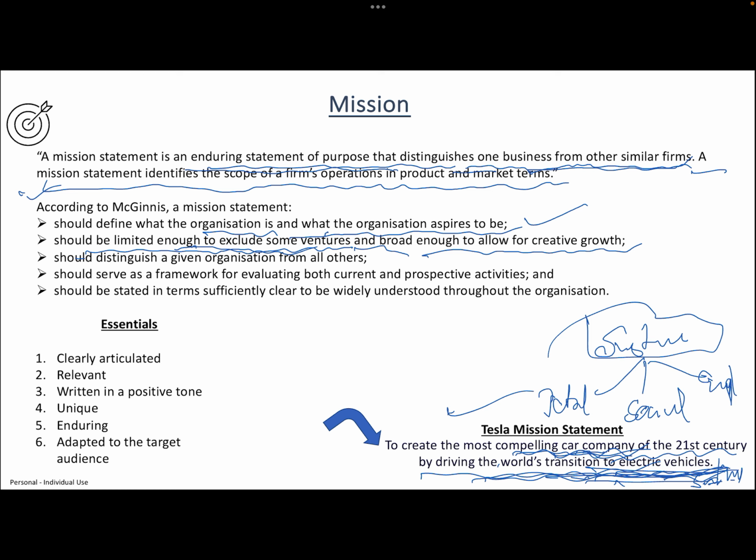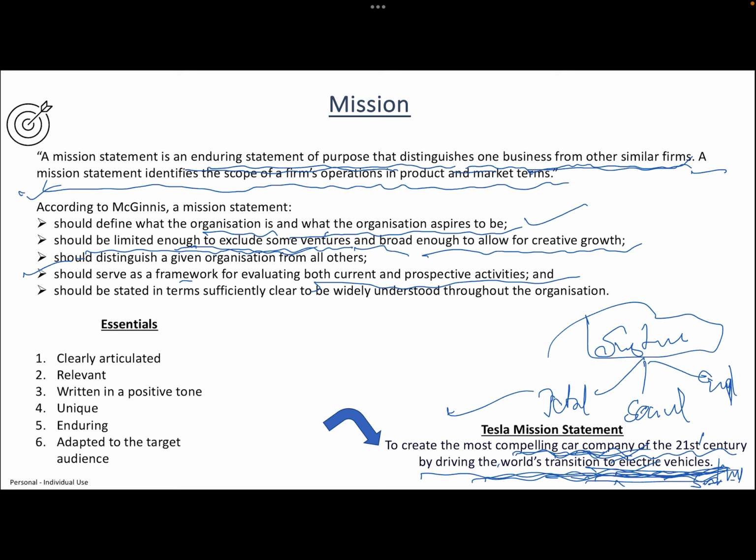Also it should distinguish the given organization from all others. Of course, the mission statement of every company will be different, and they clearly call out what their advantage is. So it will help in both current and prospective activities.